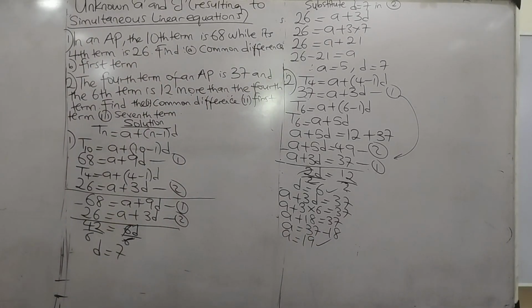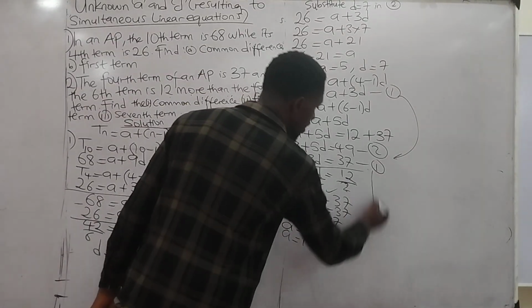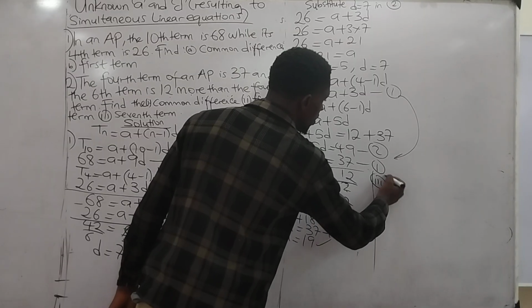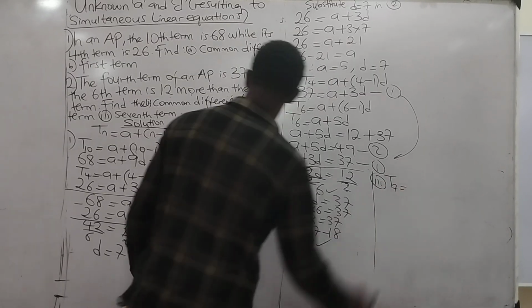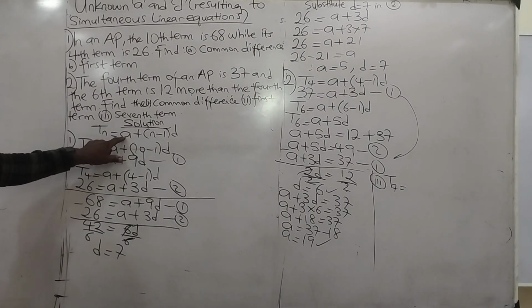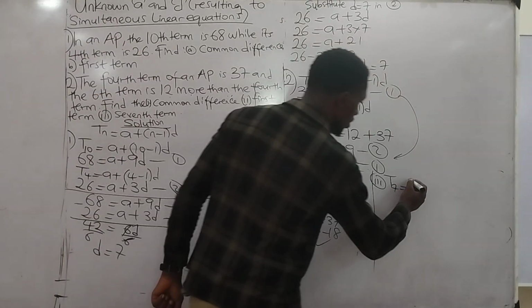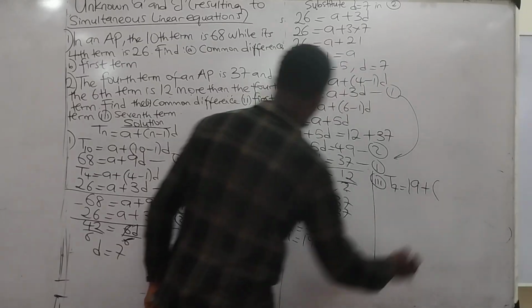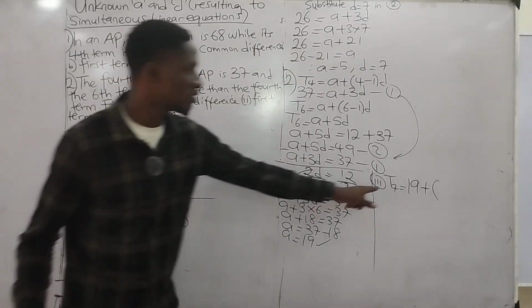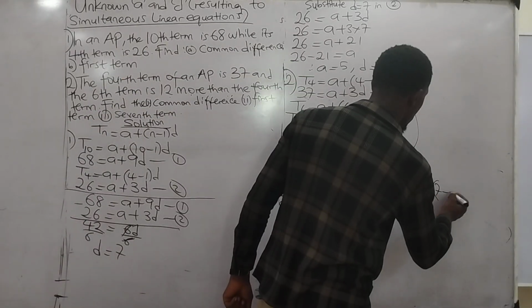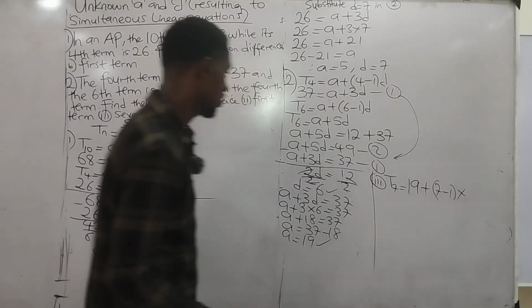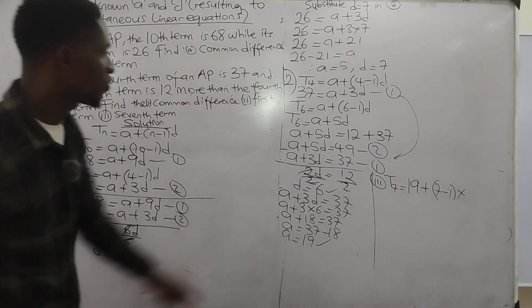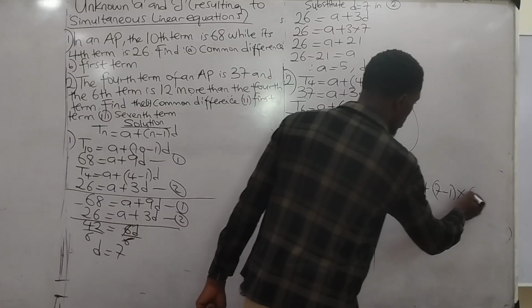We are told to find the seventh term. The seventh term, T7, is equal to, still using this formula, a, which now is 19, plus bracket n is 7, 7 minus 1, times our common difference 6.